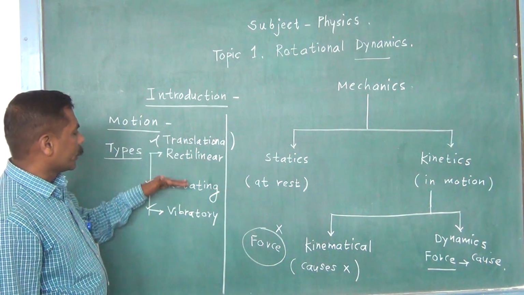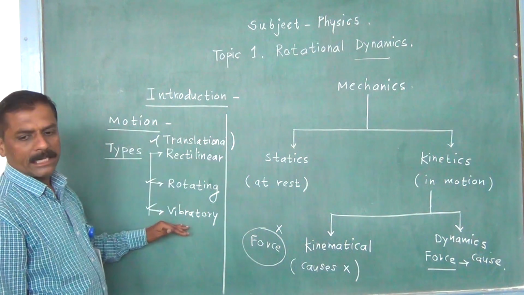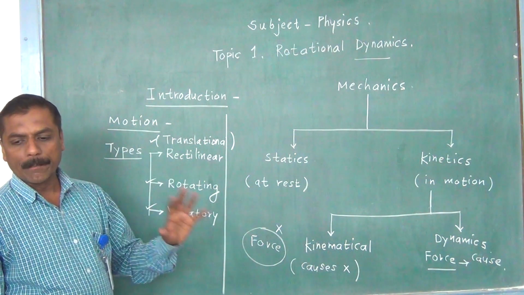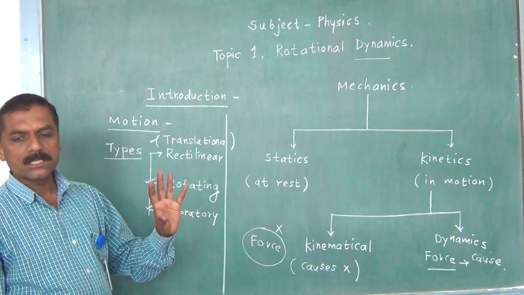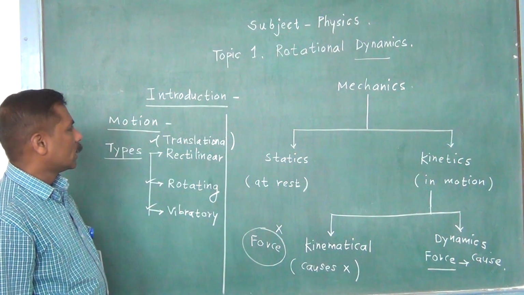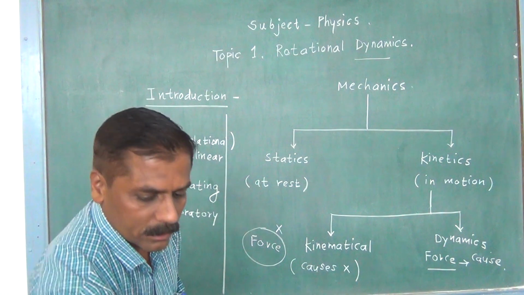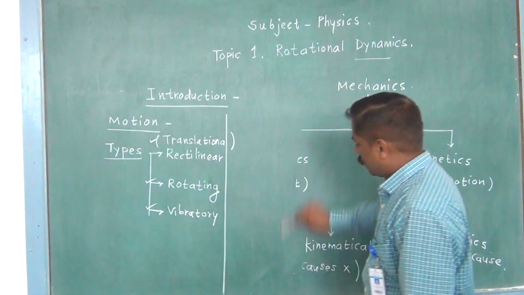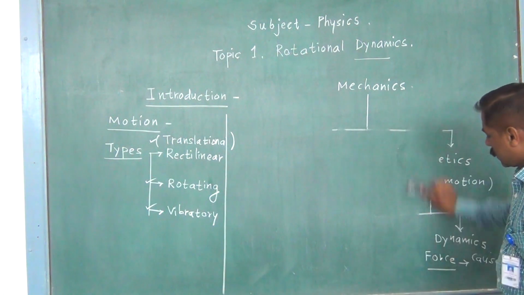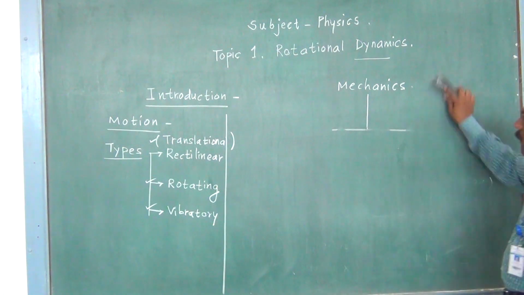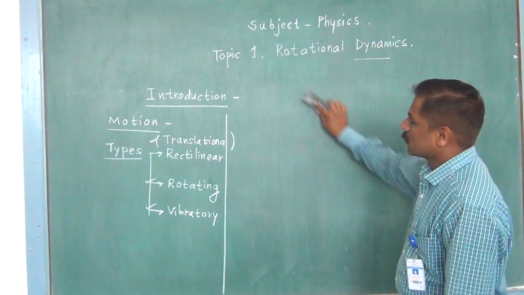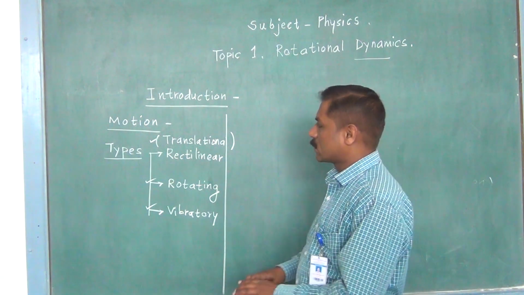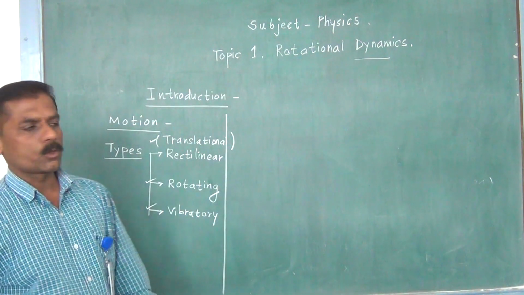Now when we are going to consider these different types of motion, you can remember the examples of all these three. When we consider these different types of motion, we want to explain the important part, that is the first type of motion, the translational motion.